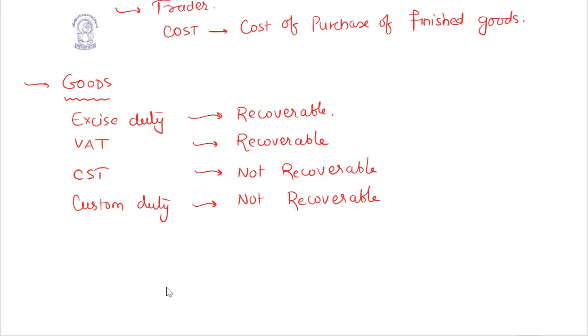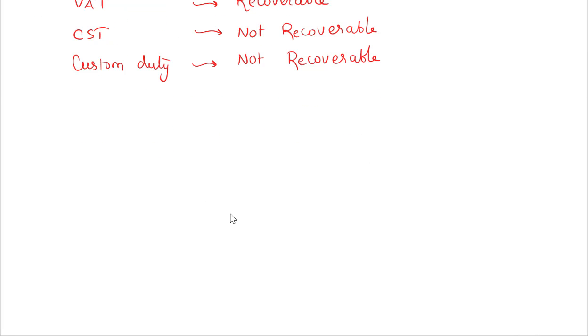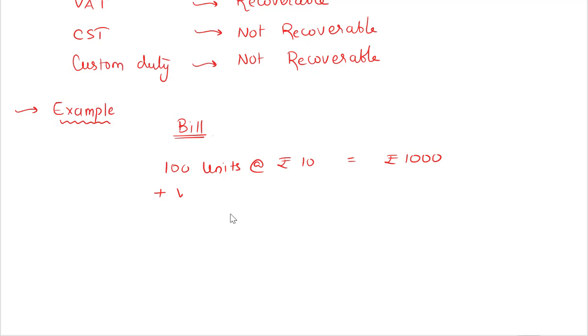Let us see an example over here. We are making a bill. 100 units are sold at rupee 10. So the total is 1000 rupees plus value added tax at the rate of 4%, so 40.